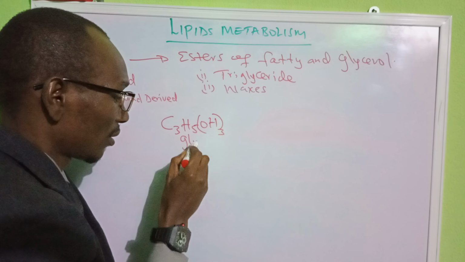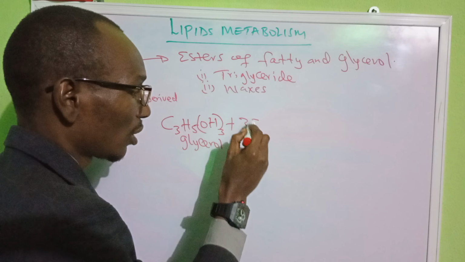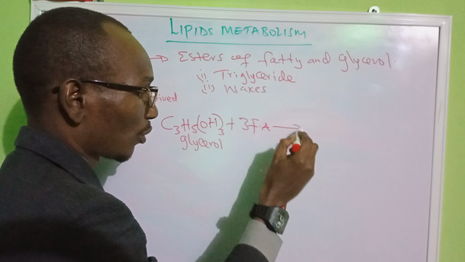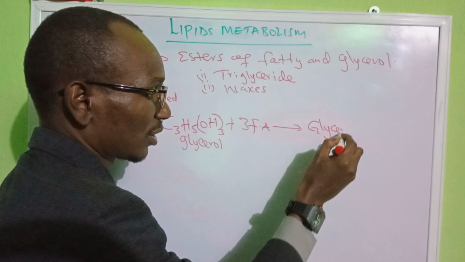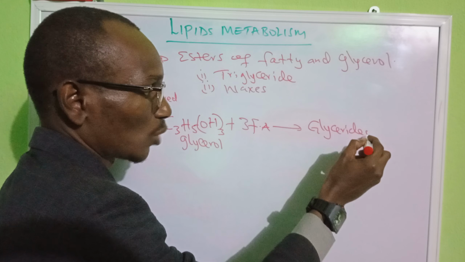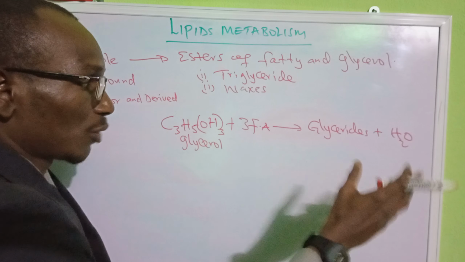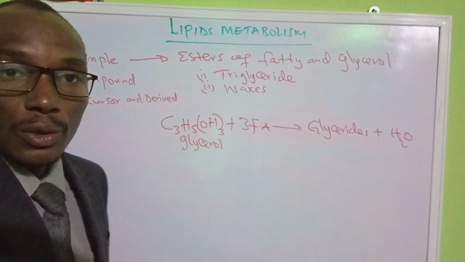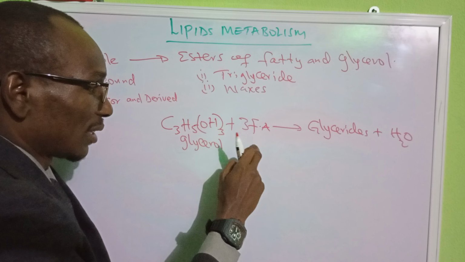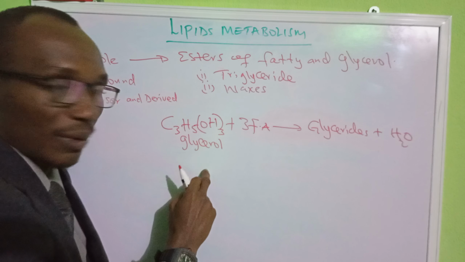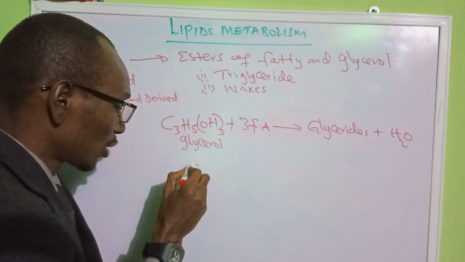This is glycerol. One molecule of glycerol, which is the alkanol, plus 3 molecules of fatty acid produce glyceride, the simple lipid, which is the neutral lipid usually found in the body, plus water. It is a condensation reaction. It eliminates water. The fatty acid is three molecules, while the glycerol is one molecule. This can be expressed in this way.